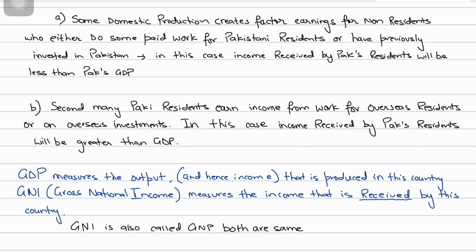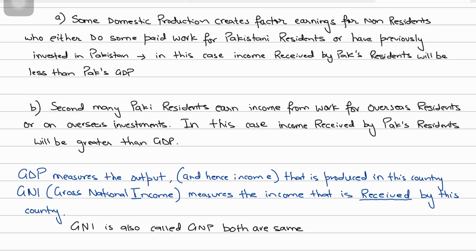So in this case, that income would be repatriated back to USA. And so the income that would be received in Pakistan would be less and would be deducted by that amount of the income that is repatriated back outside of the country.